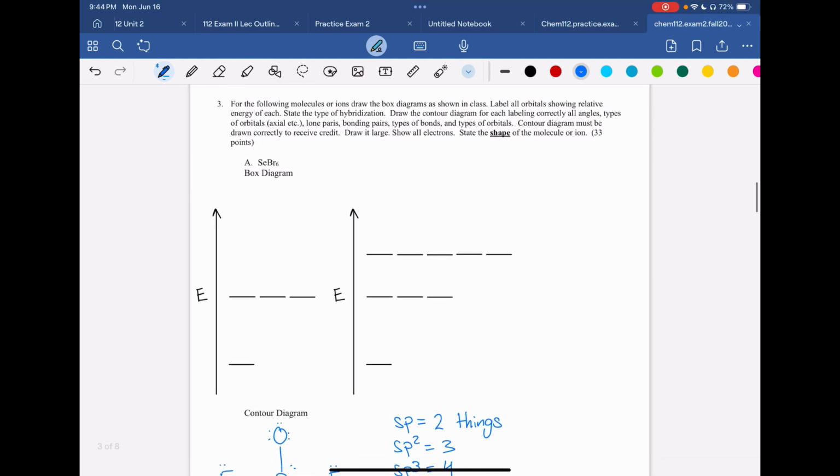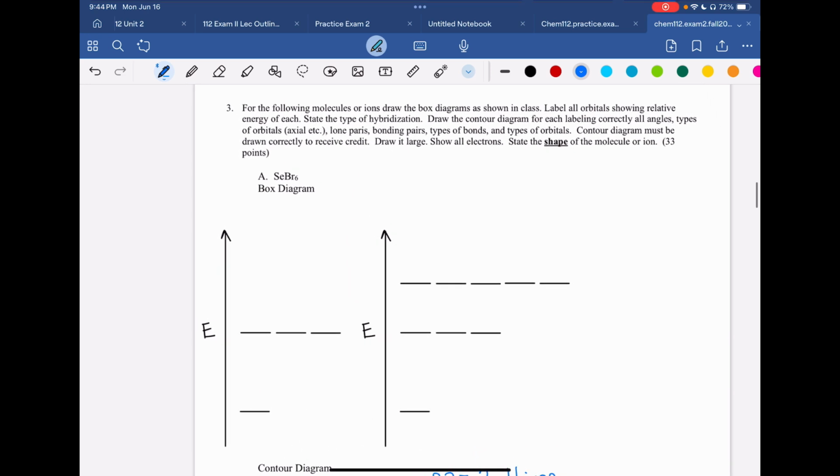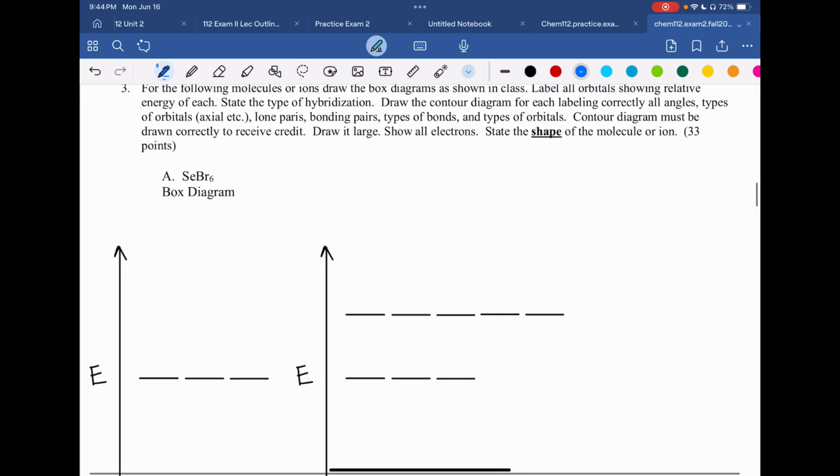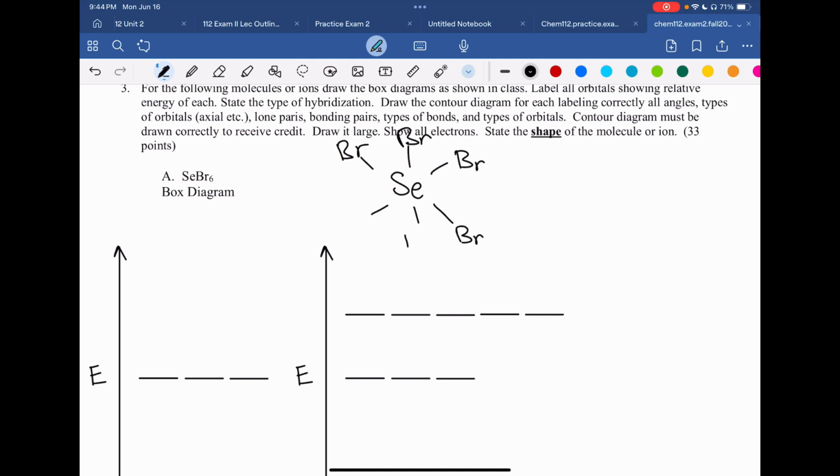Okay, so with all of these questions, right, to solve the energy diagram and to figure out the contour diagram, you first must draw the Lewis structure. You absolutely have to. Okay, so let's start by drawing the skeleton. There's 6 bromines. Right, and let's start with the valence. Let me just see real quick.